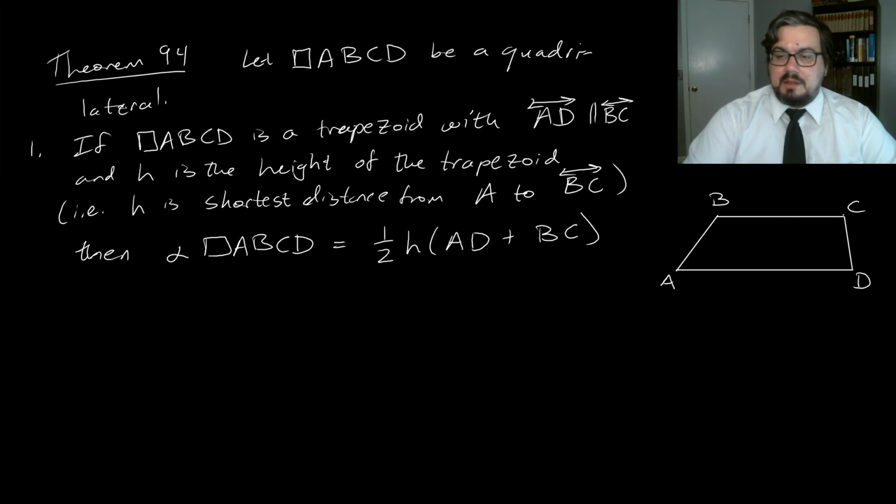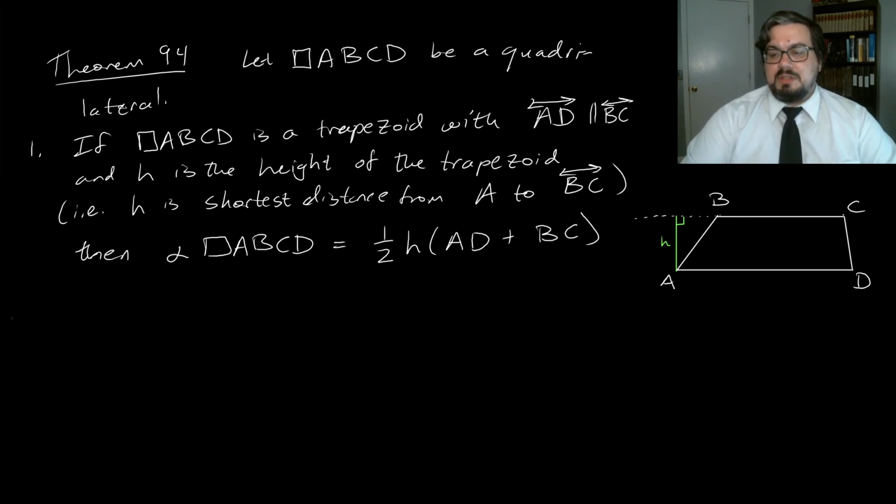And when we set it up this way, then H is this distance here, the shortest distance from the point A up to the line BC, which forms this sort of altitude here.